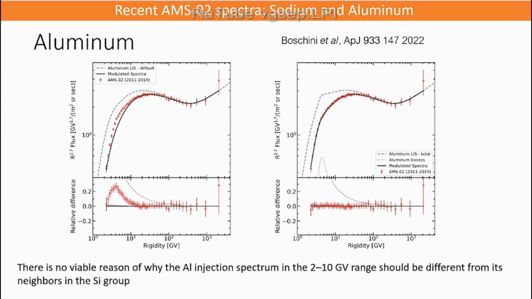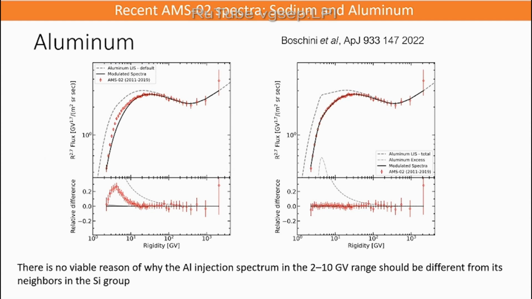And for what concerns aluminum, a very recent spectrum published by AMS, you see on the left the prediction for aluminum, which shows this underestimation in the low energy part, and then on the right, the default spectrum plus an excess fitted on AMS-02.